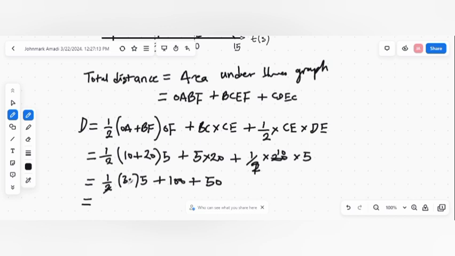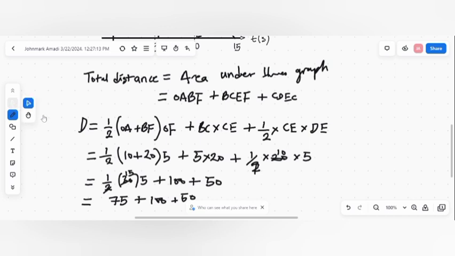So 2 will cancel itself, 1 cancels 30. 15 times 5 is 75, plus 100, plus 50. Are we there? Yes, we are.